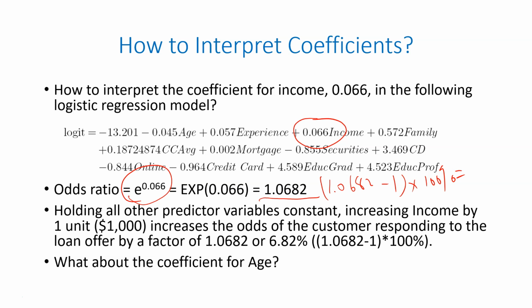And this would give you 6.82%, which means that 1 unit increase in income would result in a 6.82% increase in odds of responding.